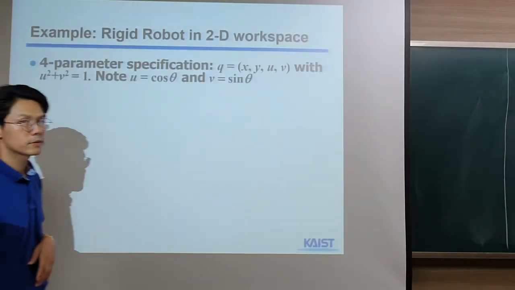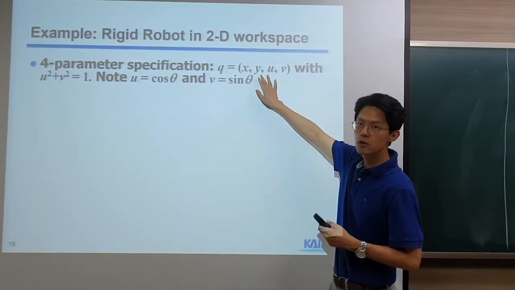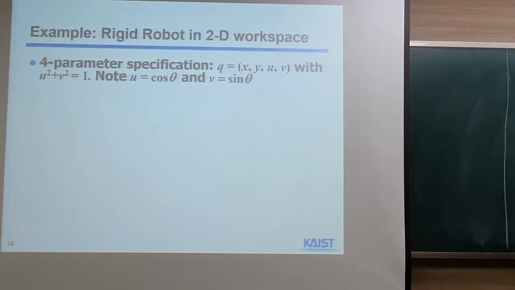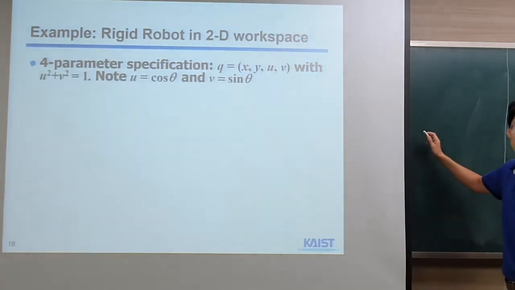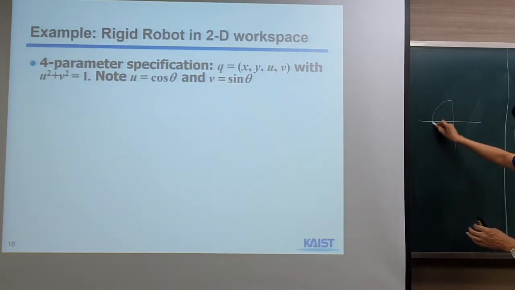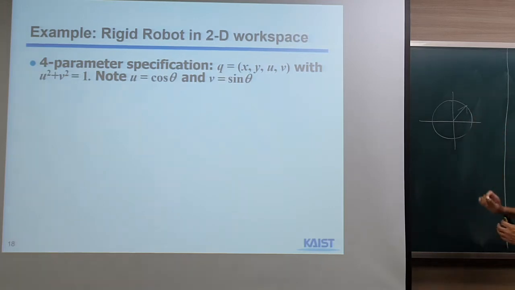But one can use a different parameterization. For example, the same x and y, but you might remember that, let me write it down. One can represent the orientation of the robot something like this. You can specify the unit circle, and then the orientation of the robot can be specified as a certain point (u, v) in this unit circle, right?